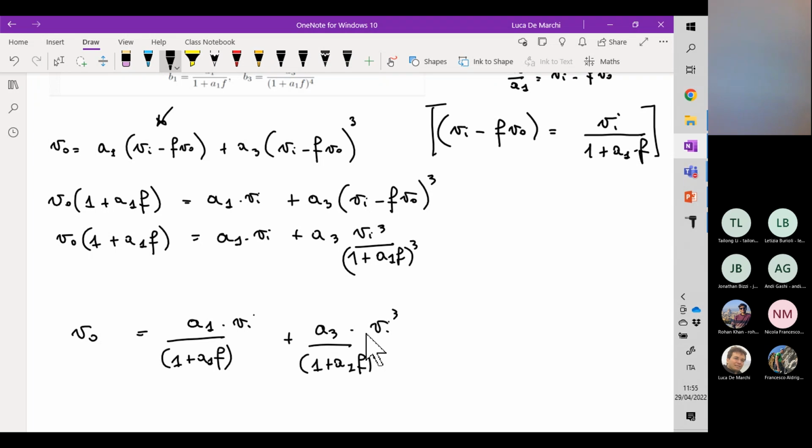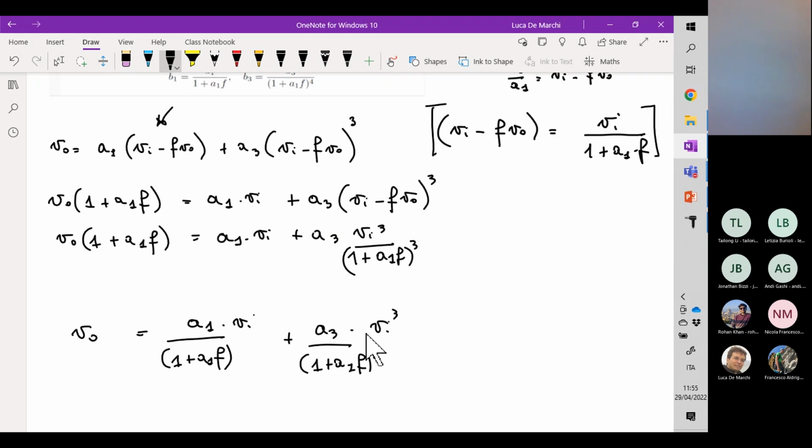What about the frequency behavior? Well, frequency behavior is controlled by this part of the transfer function, and in particular by the relationship between the old pole positioning and this new effect, the multiplication of the pole position times 1 plus A0 times F. Once again, this is a very large quantity, so this means that we are moving the cutoff frequency to higher values.